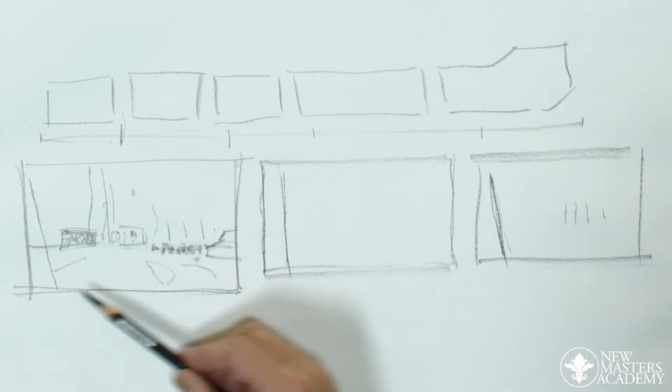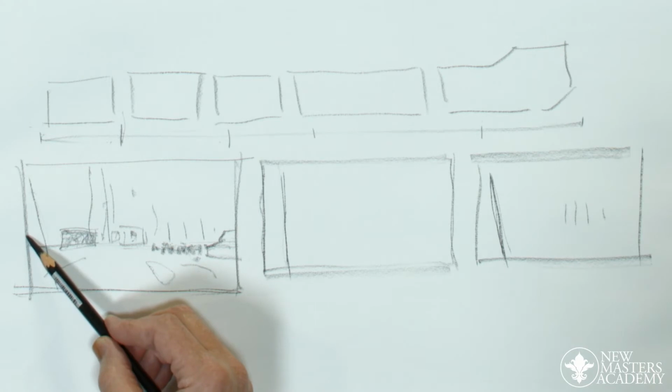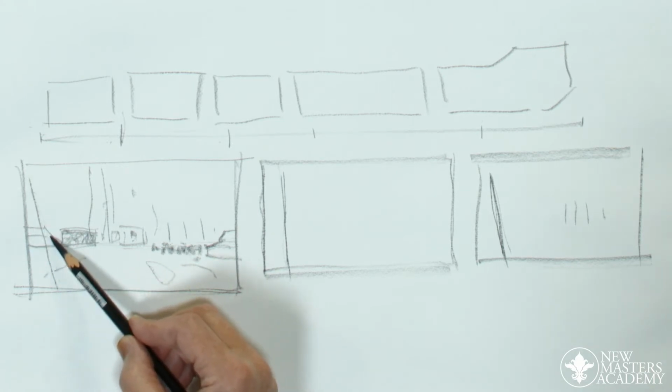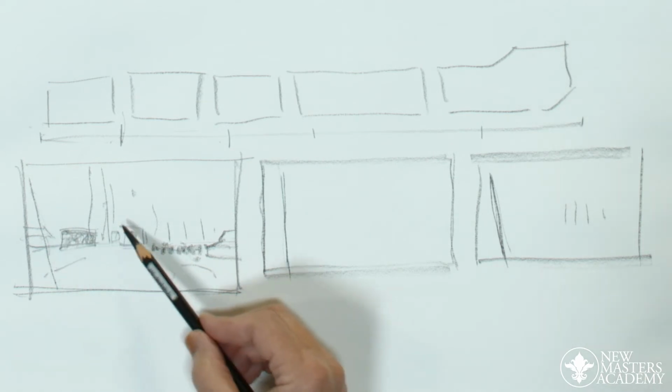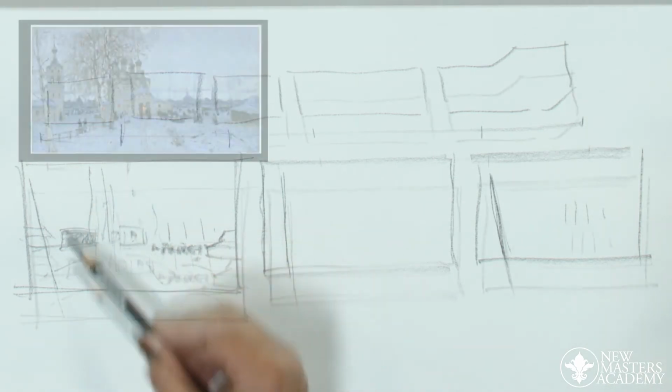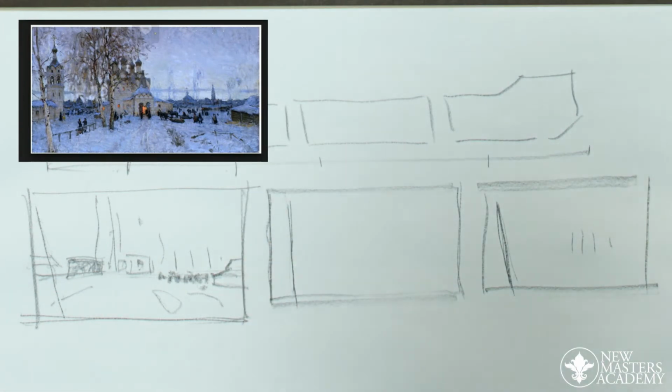Another rooftop that's coming in here and pointing this angle brings our eye in. So the design elements within this composition all lead our eye into that warm light and keep us focused on that.